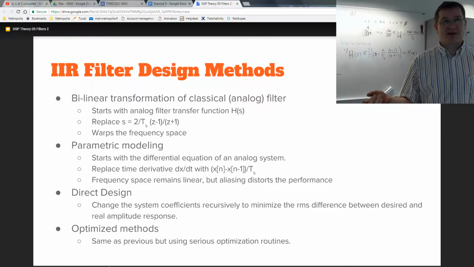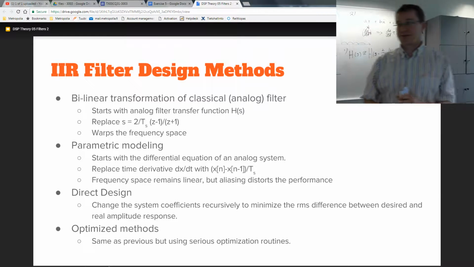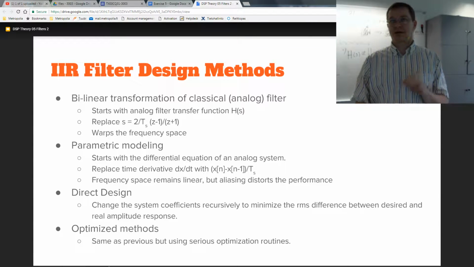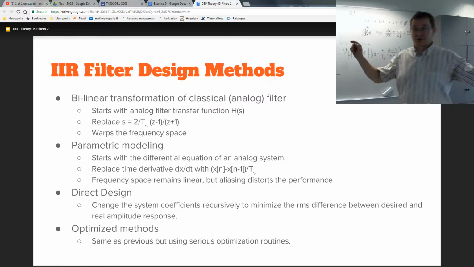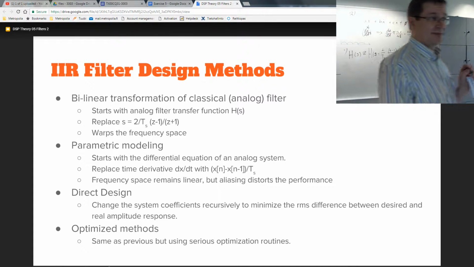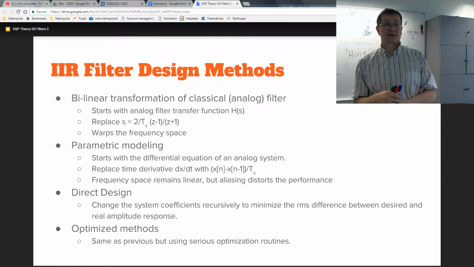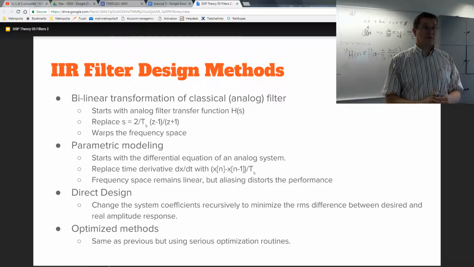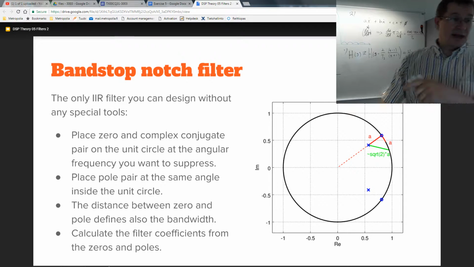Meaning that there are already tools to do optimized filters. Some of them are actually commercial, but MATLAB has most of the non-commercial ones. You just need to have that expensive license from MATLAB. Or Octave also has some of these methods already there, even the optimized ones. All right, and that's the bandstop notch.